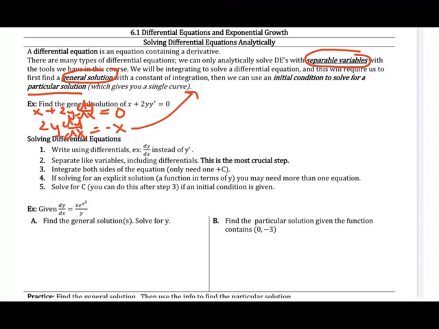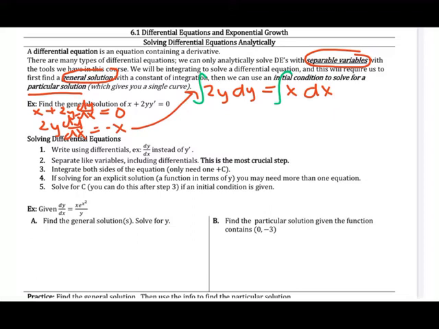So what I'm actually going to do is multiply both sides by dx so that I have my dx's and my x's on the right and my dy's and my y's on the left. And I know that seems like something we shouldn't be allowed to do, but we are allowed to do it. Now that we are here, we can integrate both sides of this equation with respect to y on the left side and with respect to x on the right side.